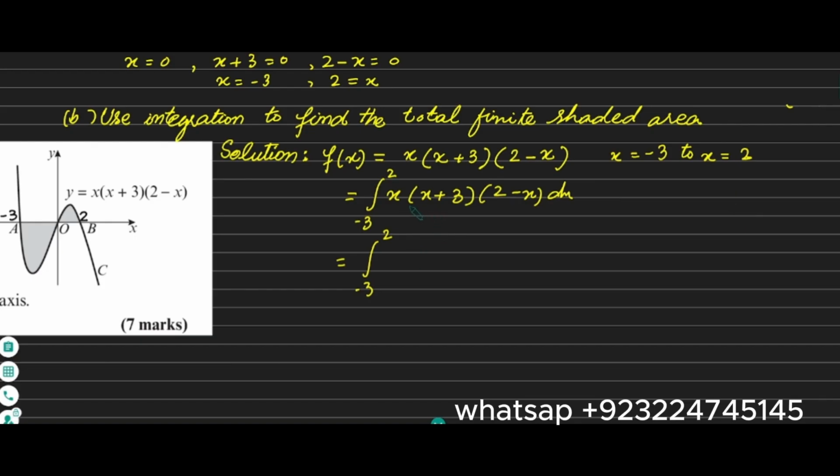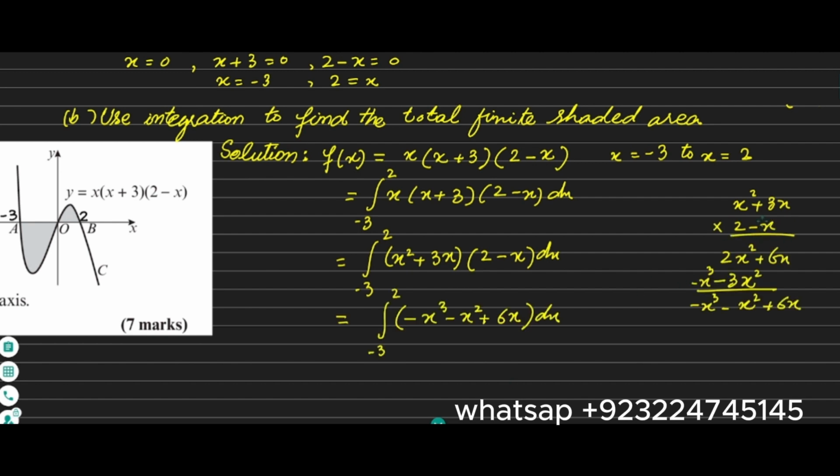When we multiply x with x plus 3, we will get x squared plus 3x, into 2 minus x. Now we multiply x squared plus 3x by 2 minus x. After multiplying, we get minus x cubed plus 2x squared minus 3x squared plus 6x.